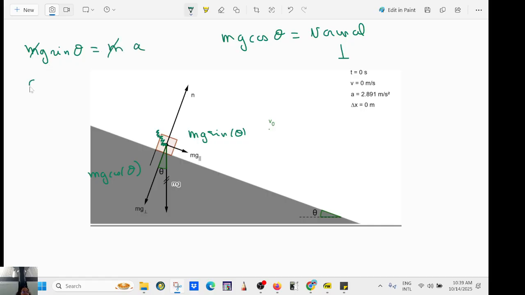And you see that the acceleration due to gravity is going to be g, but it's going to be diluted because sine is going to be smaller than 1. So the acceleration will be smaller than 10, if there is no friction. Now, if you have friction, it will be even smaller.